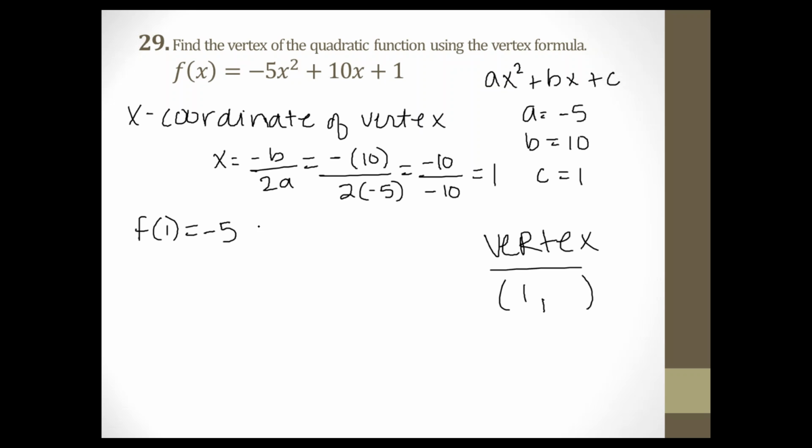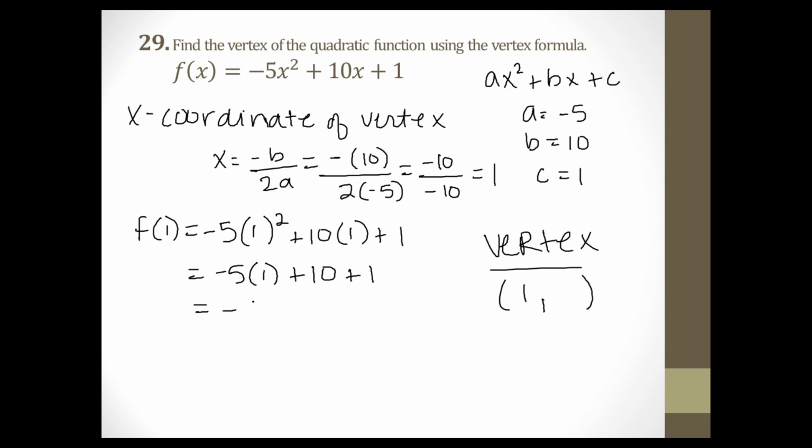So we have negative 5 times 1 squared plus 10 times 1 plus 1. Following order of operations, we're going to do exponents first. So that's negative 5 times 1 plus 10 times 1 is 10 plus 1.